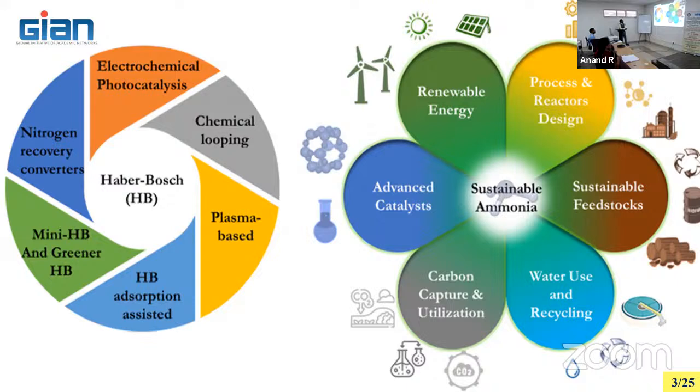What are the social, economic, and environmental perspectives for bringing in the new concept? We are interested in sustainable ammonia. Ultimately, life cycle thinking means we need to produce ammonia in a sustainable manner. So by bringing in the three categories of economic, environmental, and social, you need to do some kind of analysis.